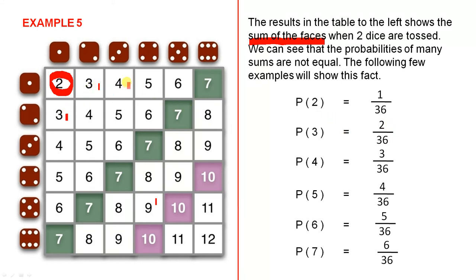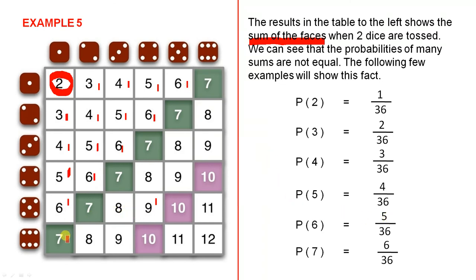The probability of throwing a 4: 1, 2, 3. There are 3 4s, so it's 3 over 36. The probability of throwing a 5: 1, 2, 3, 4. So that probability is 4 over 36. The probability of throwing a total of 6: 1, 2, 3, 4, 5. That's 5 over 36.